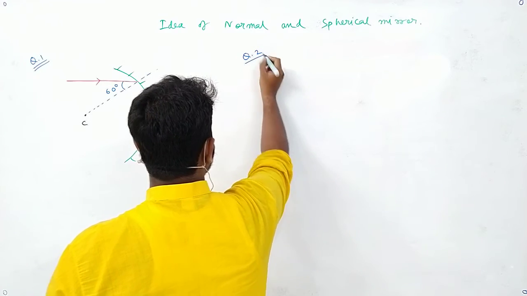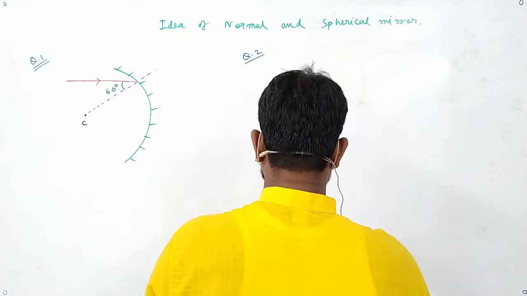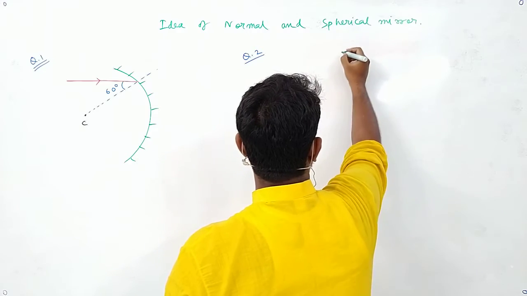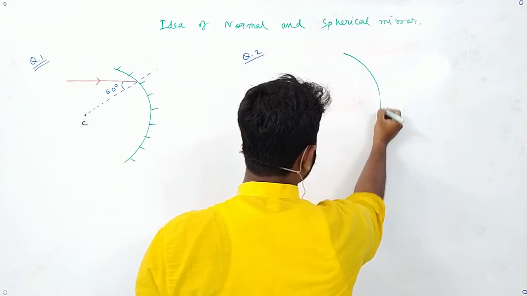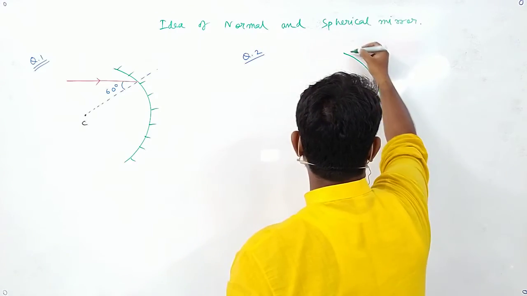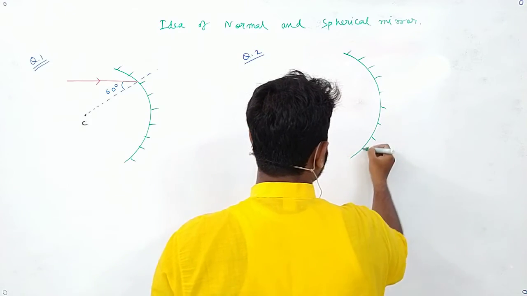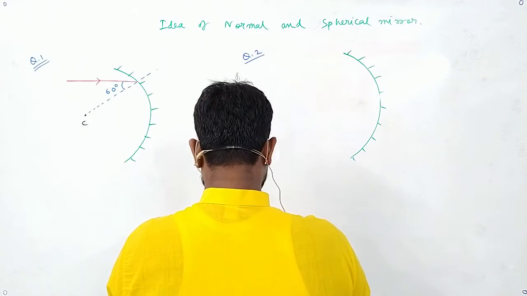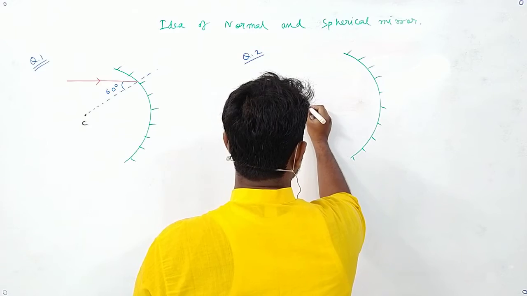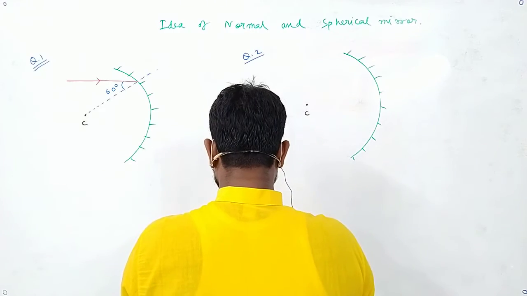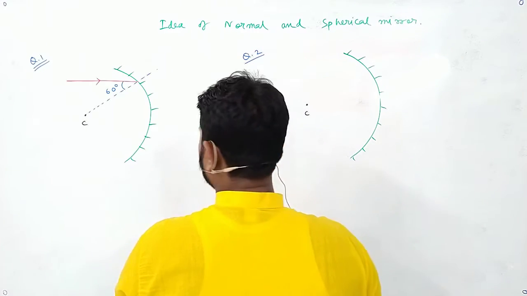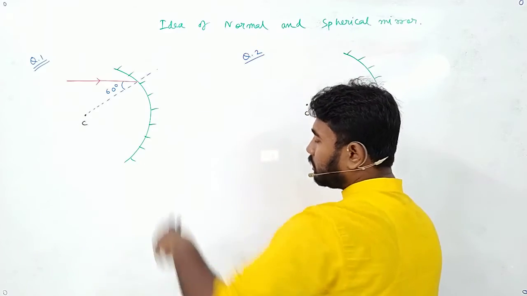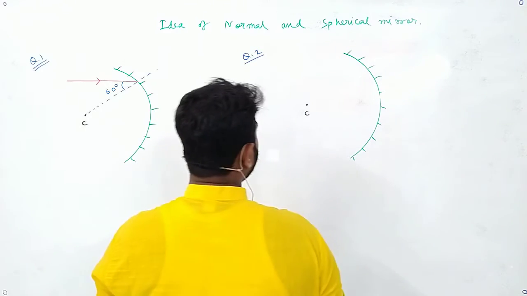Question 2. If this is a spherical surface and a ray of light, it is the incident ray. So we have to find the reflected ray. You have to complete the drawing.